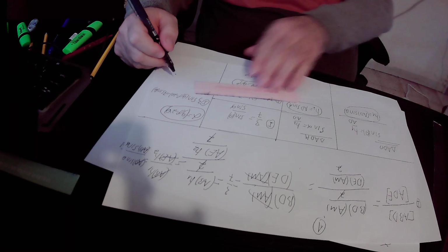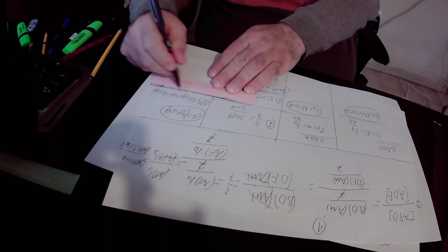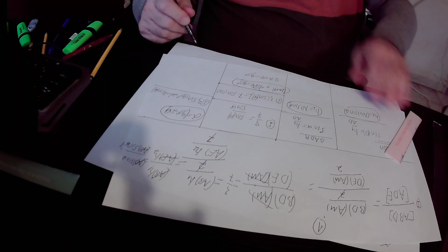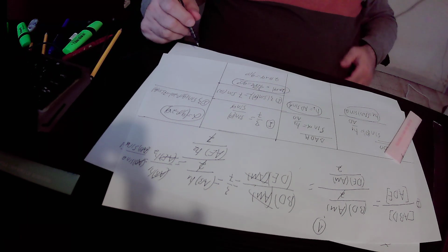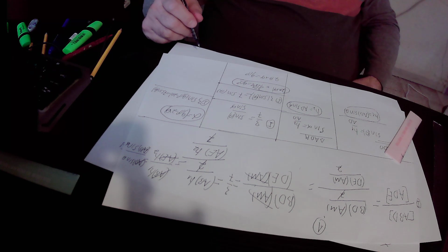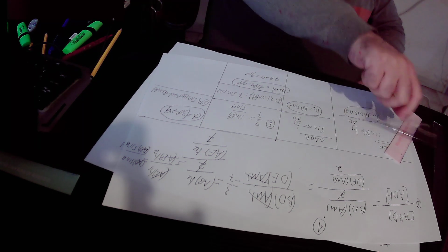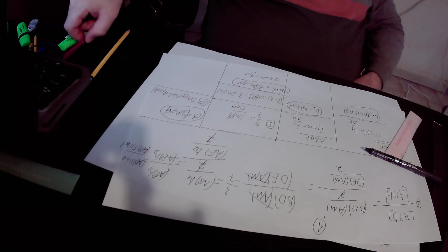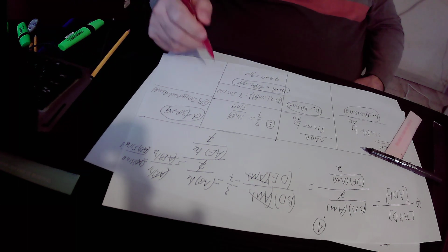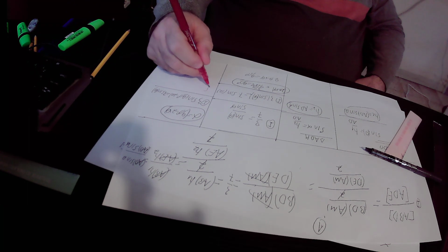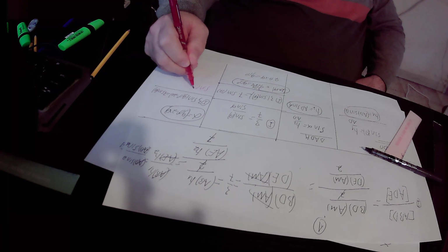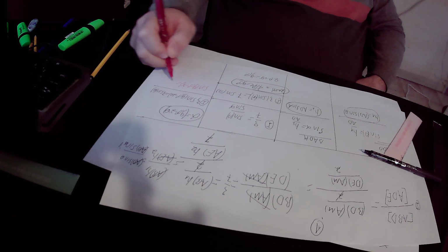Here we have the trigonometric identity that states that sine of 90 degrees minus x is equal to cosine x.